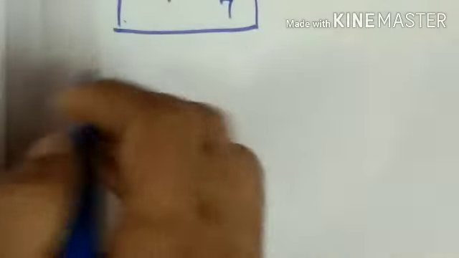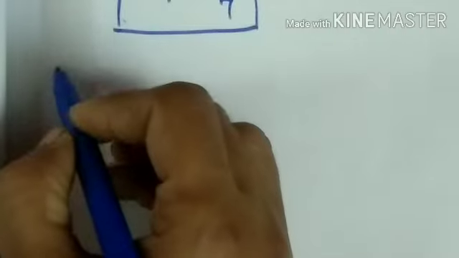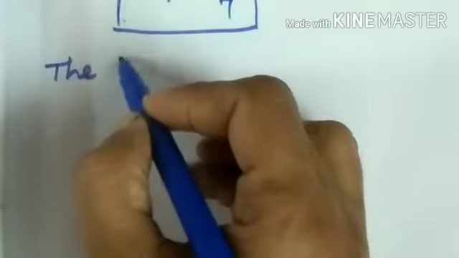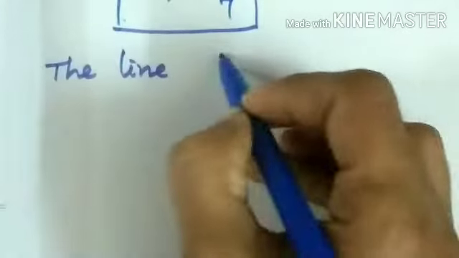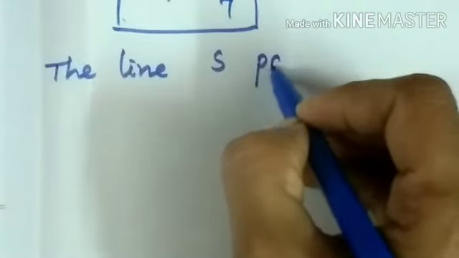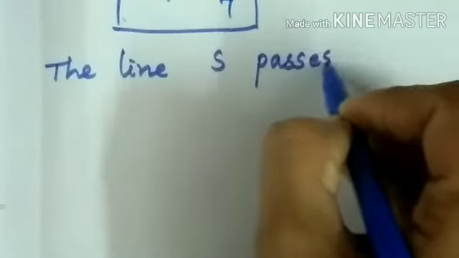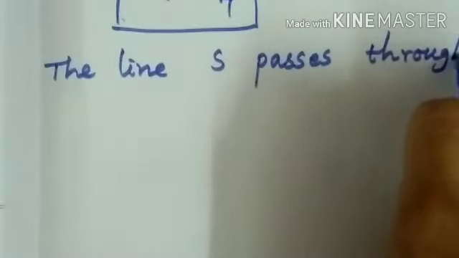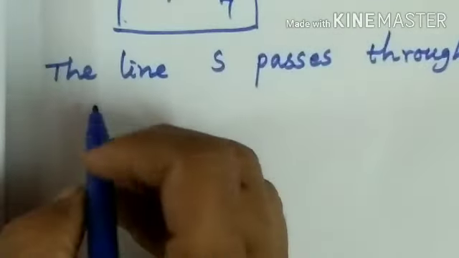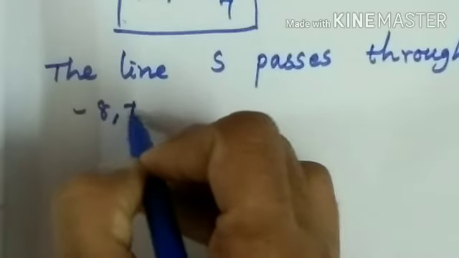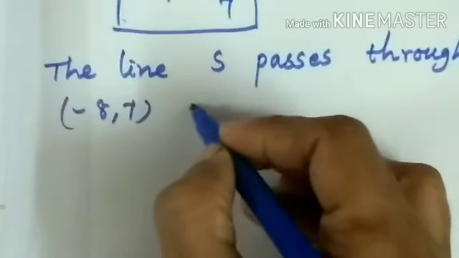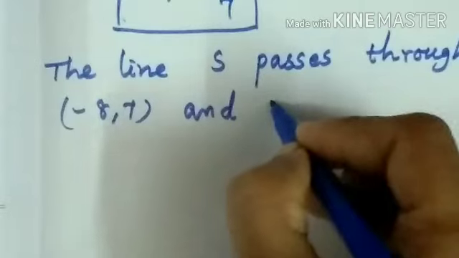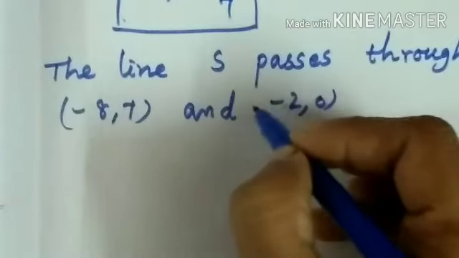Then next you have to find the slope of the line S. First you take down and write the given points. The line S passes through the points (-8, 7) and (-2, 0).